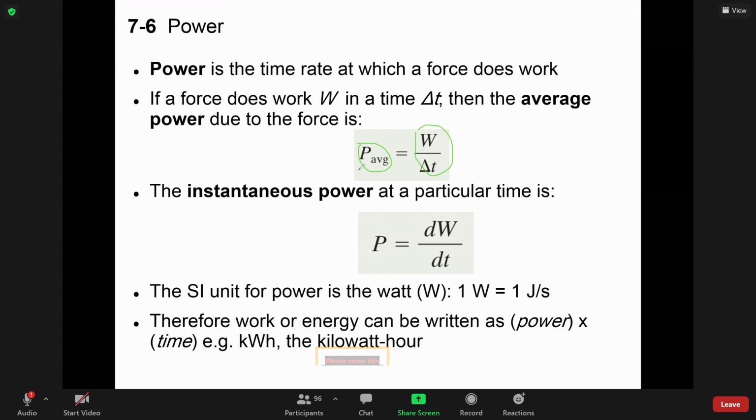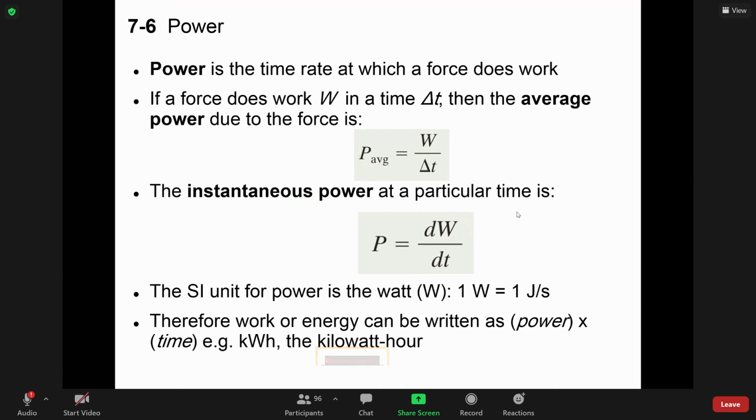So P average is work over delta T. But I also have instantaneous power, which means if I have work as a function of time, and I differentiate and substitute at a certain time, I can find the instantaneous power. So average power is work over delta T, and instantaneous power is dW by dt. In both, the unit is the same, the watt, joule divided by second.